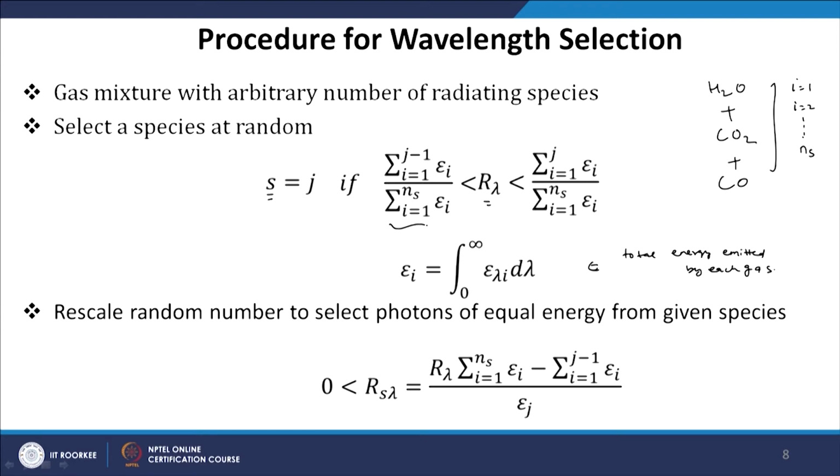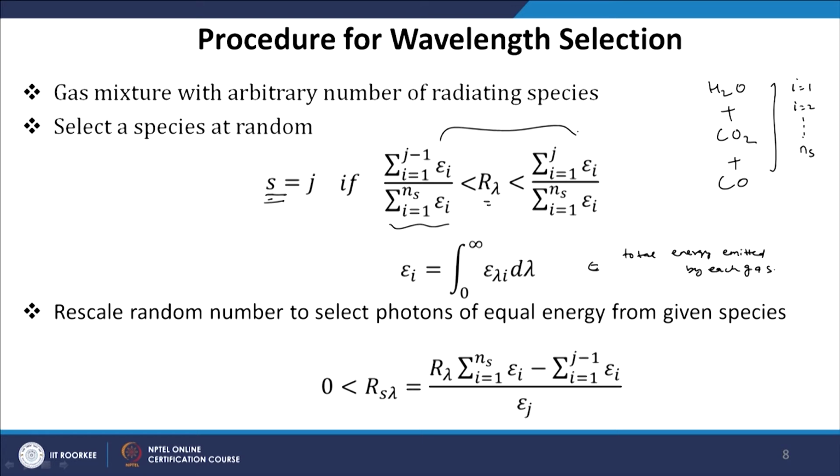So, the left hand side represents the fraction of energy emitted by, let us say, 2 gases out of 3, and the right hand side represents the total amount of energy emitted by all the gases. Based on this we compare the random number r lambda, and this gives you S equal to j. If this random number happens to be in between these two values, then we select that gas number j is going to emit a photon.